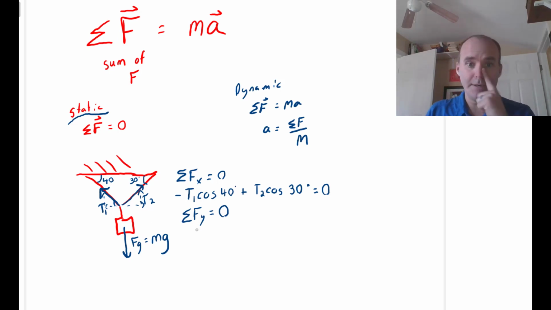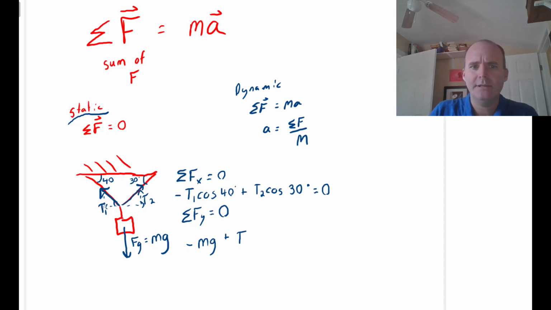Now for the sum of my F of y, I have one more force here: the weight. So let's start with that one. I'm going to have negative mg, but my two y components are positive.